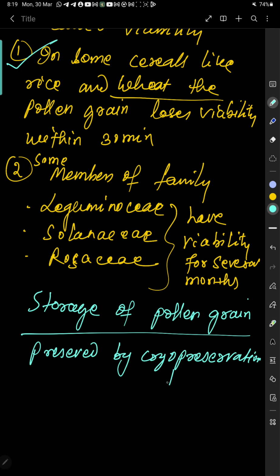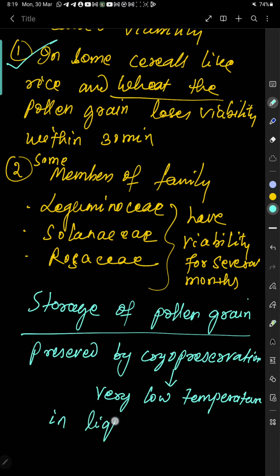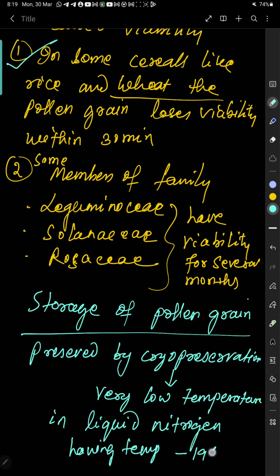Means very लो टेम्परेचर में स्टोरेज किया जाता है एंड इन लिक्विड नाइट्रोजन which is having temperature -196 degree Celsius.